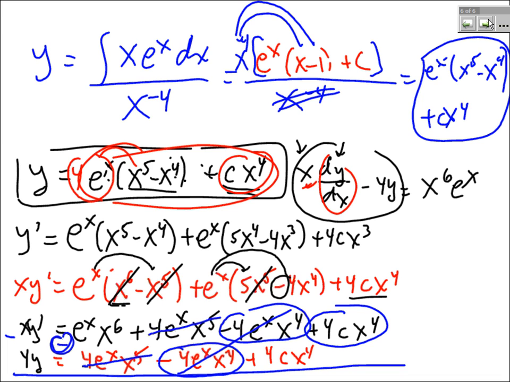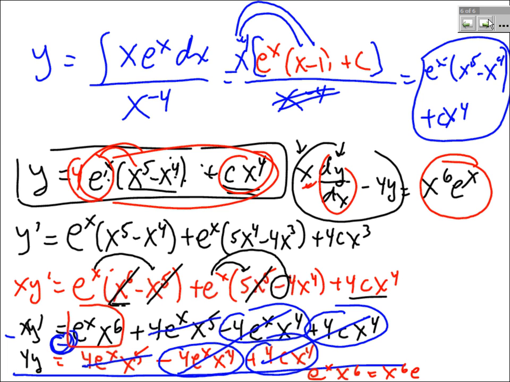Positive 4c x to the fourth, positive 4c x to the fourth, I'm subtracting, they cancel. The only term that survived was e to the x to the sixth. Exactly what we were supposed to get. Fine, I wrote it backwards. The multiplication does commute.